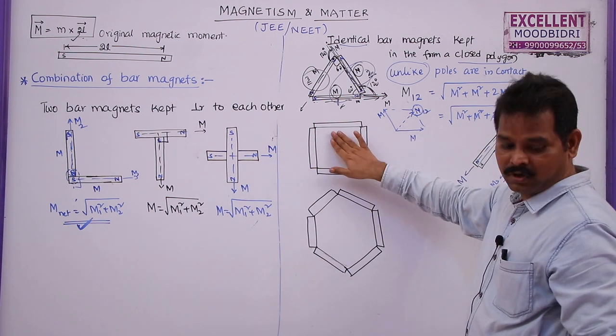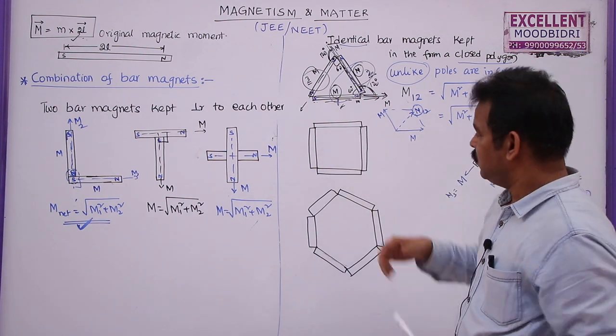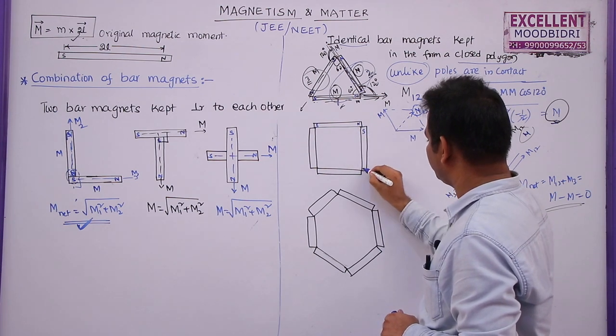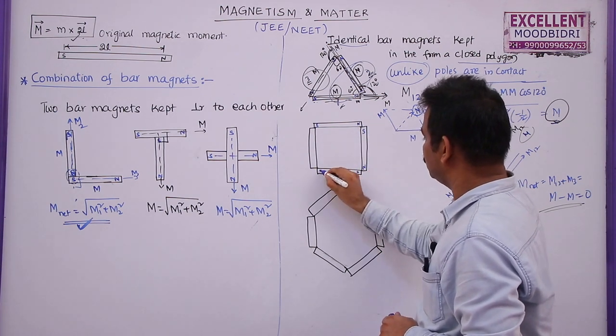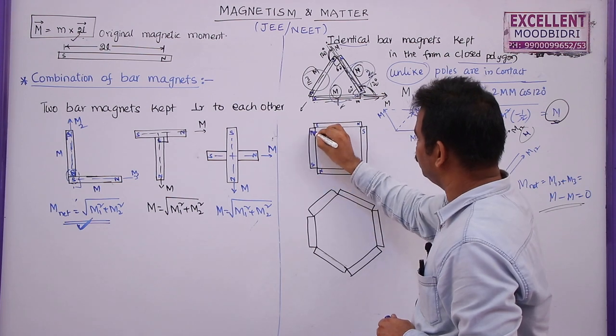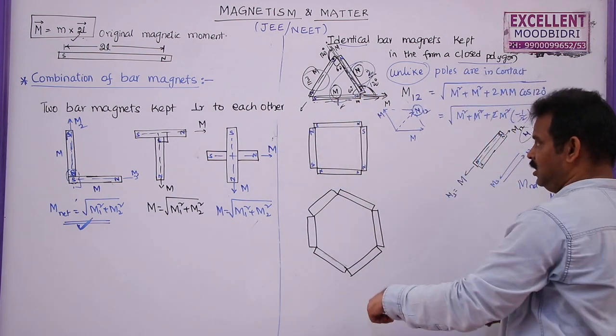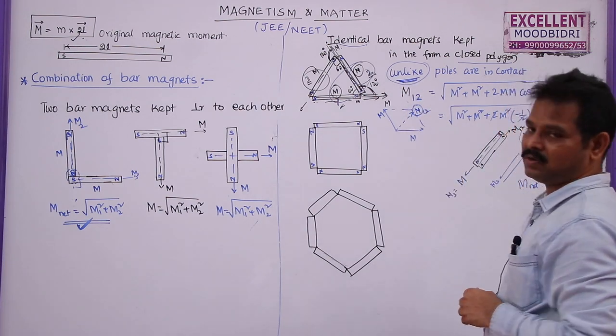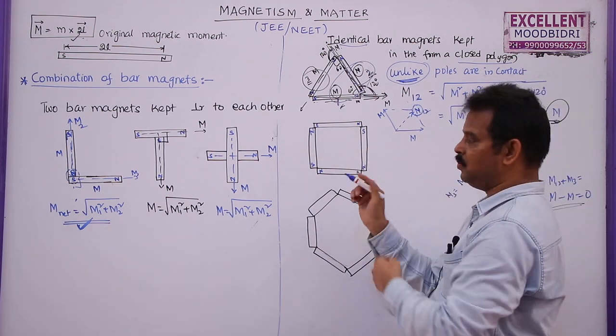Similarly, if you come to this case, here we can write south pole, north pole, south pole, north pole, south pole, north pole, south pole, north pole. In all these closed polygons, let us say unlike poles are in contact with each other. This is very simple.